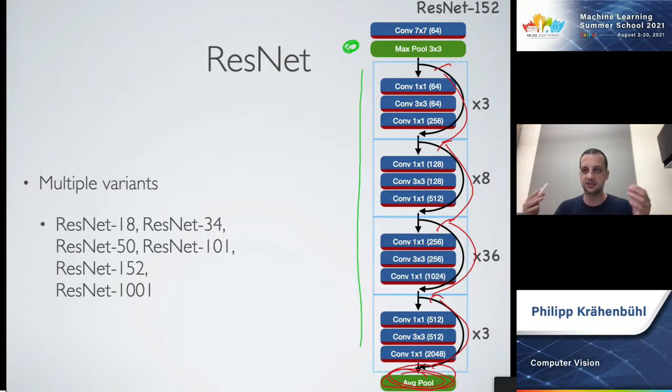This entire philosophy that you pool to reduce the feature dimension has gone. Now, to reduce the feature dimension, you can just stride a convolution, which means you don't evaluate the convolutional kernel at every single point, but you instead skip some elements in the convolutions. All right, and then the average pooling in the end here is actually not necessarily an average pooling kernel. It's just averaging all outputs together.